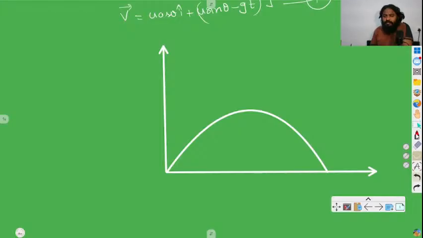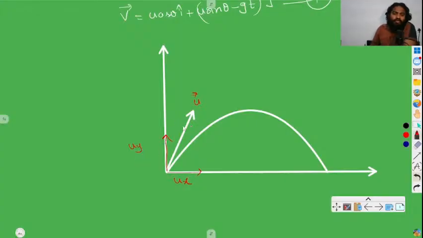So here, this is the initial velocity vector, u bar. This u bar can be split into two components, one is ux and another one is uy.